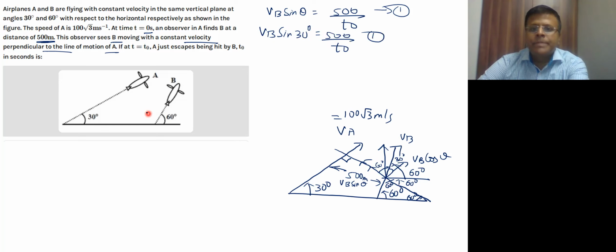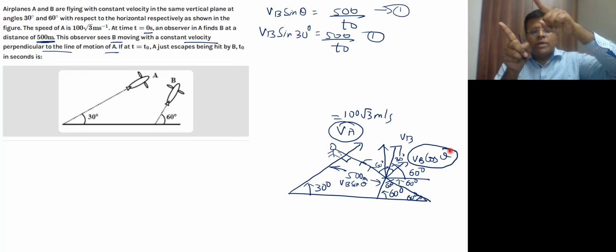That's equation number one. Now we would require another equation so that we can find out the value of VB and then T naught will be found out. Now it is written in the problem that at time t equal to 0 second, the observer in A finds that B is at a distance of 500, and not only that, he is moving with a constant velocity perpendicular to the line of motion of A. So that means that as far as the observer A is concerned, because the plane is moving perpendicular to the line of motion, that is possible only when this velocity VA is equal to VB cos theta.